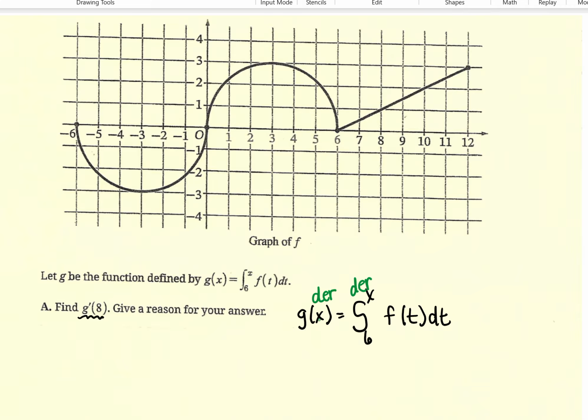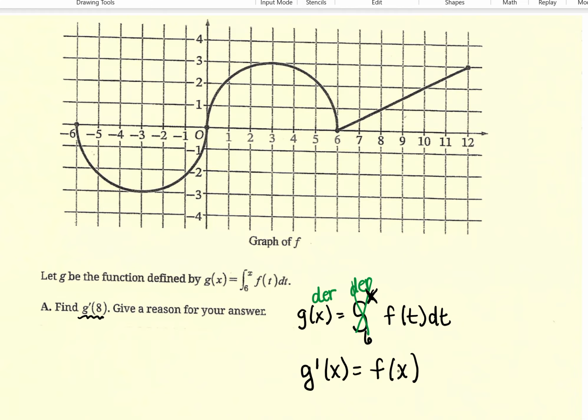Taking the derivative of this side just means that I have g prime of x. Taking the derivative of this side, just like plus and minus, times and divide, square and square root knock each other out, derivative and integral also cancel each other out. They're inverse functions. This top variable just replaces the t. So therefore, we have that g prime of x is equal to f of x.